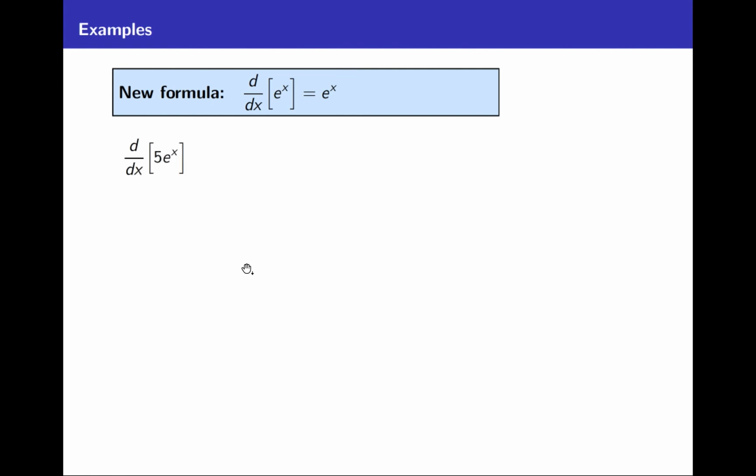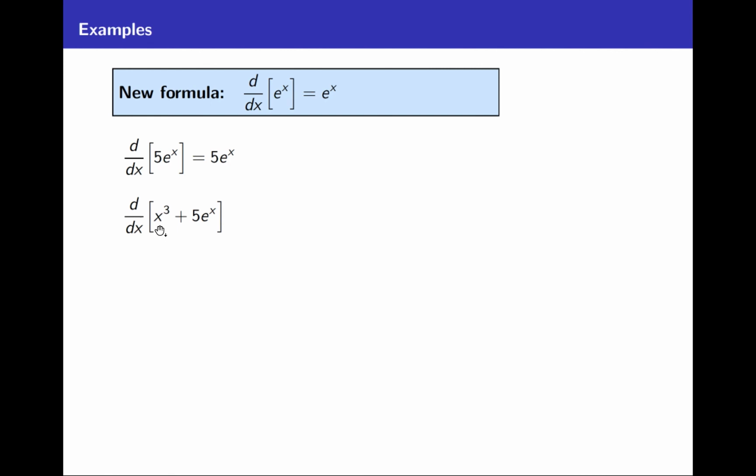So let's look at some examples. In conjunction with our other rules for derivatives, we can now compute more types of derivatives. For example, if we had d dx of 5 times e to the power of x, the constant multiple rule says that's 5 times the derivative of e to the power of x, or just 5 times e to the power of x.